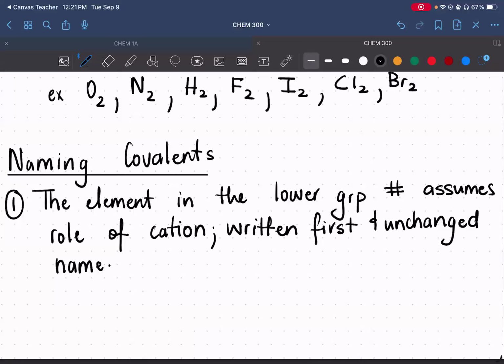So even though a cation does not explicitly exist as in ionic, we just simply assume that the lower group number takes the role of the cation when it comes to naming.